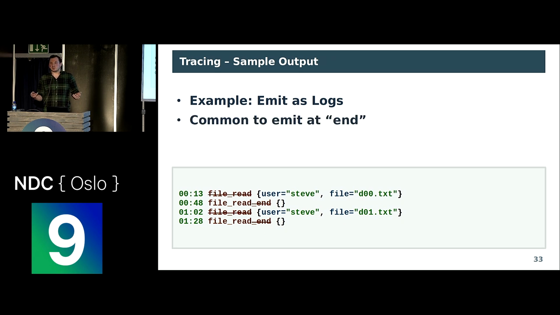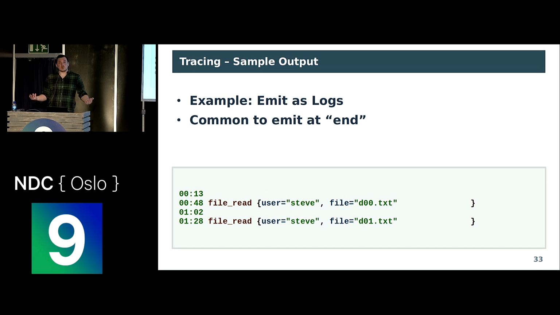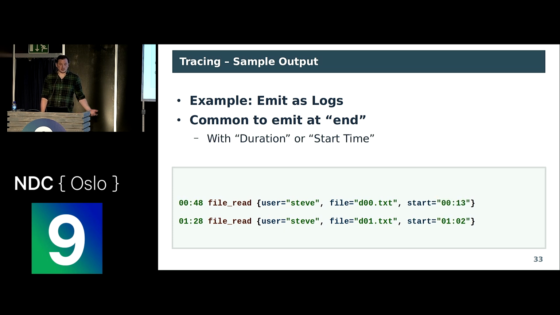Quite commonly, what we do with this sort of data is we don't emit the two events, but instead we just emit one event when the operation ends. Because they always come in pairs, we can say the operation ended at this point and it started at this point, or it ended at this point and it took this duration. It keeps the volume in your log a bit lower, and it makes analyzing the data a little bit easier.